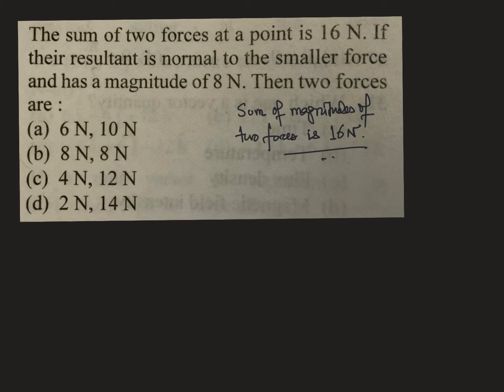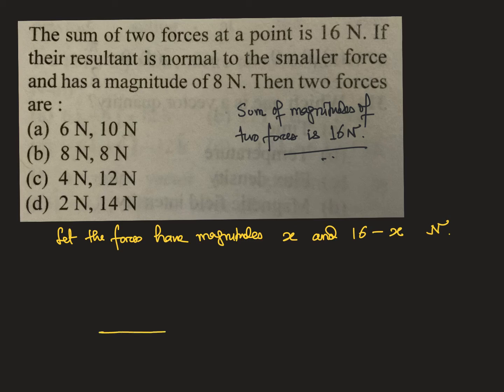So let the forces have magnitudes x Newton and 16 minus x Newton. And their resultant is normal to the smaller force and has magnitude 8 Newton. So here is the diagram.